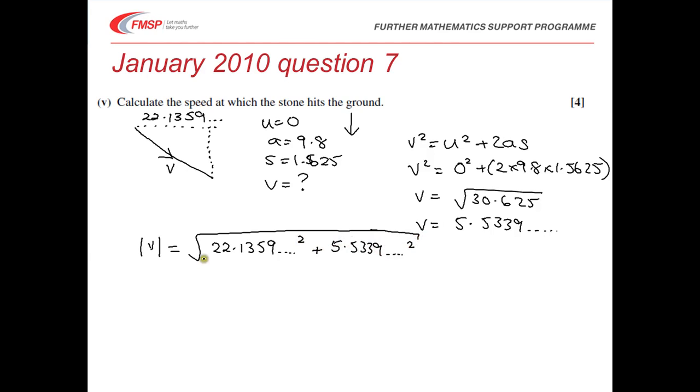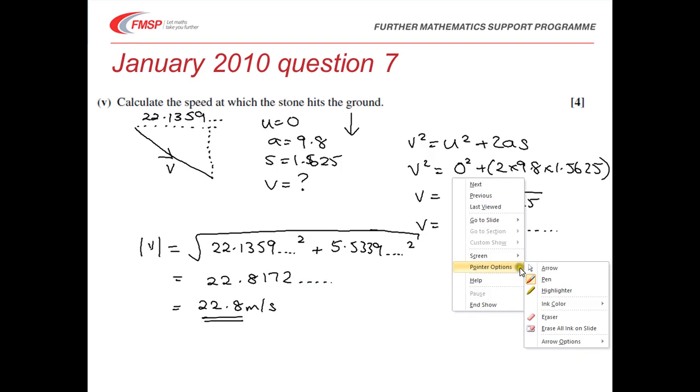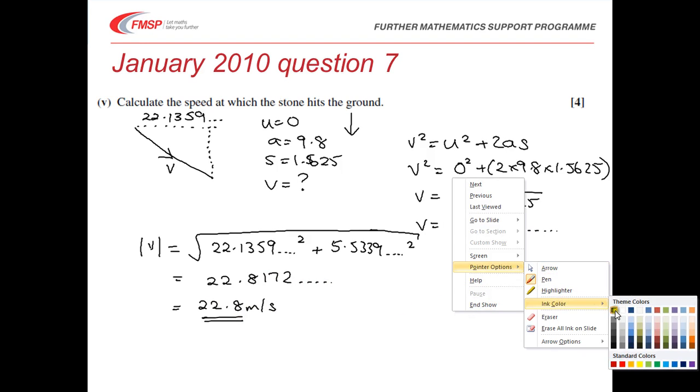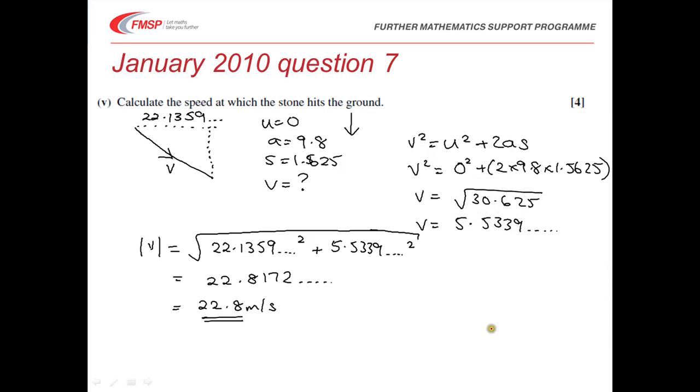Use the full values, and it works out to be 22.8172, which we can round to 22.8 meters per second to 3 significant figures. So that's quite a long question, and what we'll do now is we'll go back to the first part and we'll go through and see how the marks were allocated for this question.